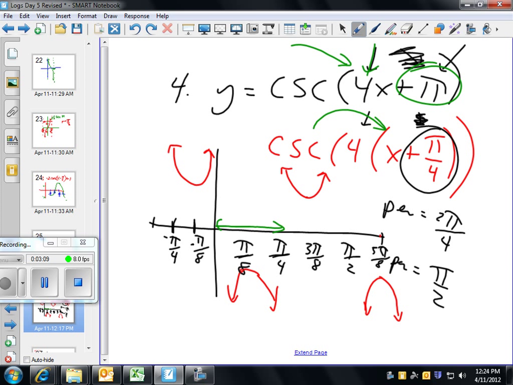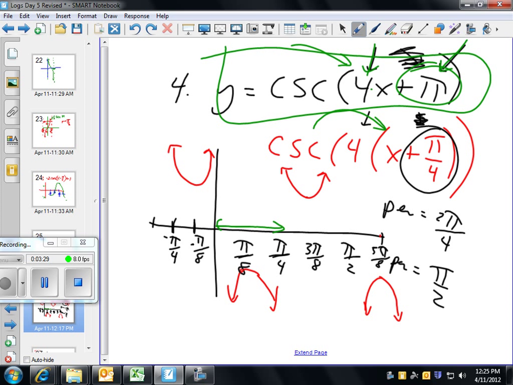Yes? If you were talking about what order you should do it in and you had the black one here and you didn't rewrite it, you would normally do the multiply first, so you don't. You do this first.